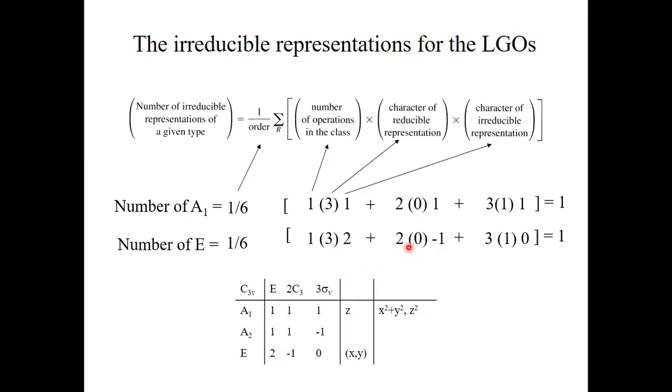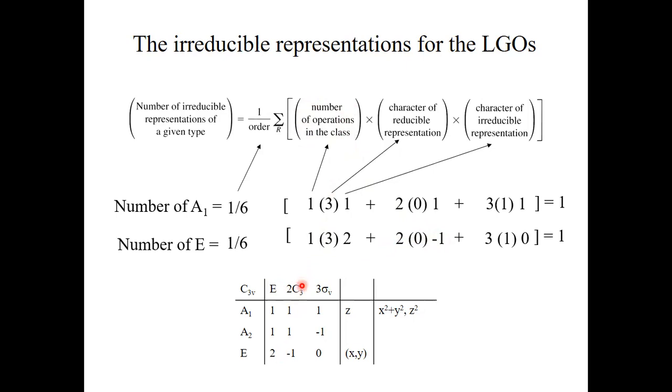Okay, so we have to add this term, so this is 2 times 0 times minus 1. Briefly think about why it is 2 times 0 times minus 1. Again, we have the number of operations in the class to consider. That is, in this case, 2, because we have 2 C3 symmetry operations.